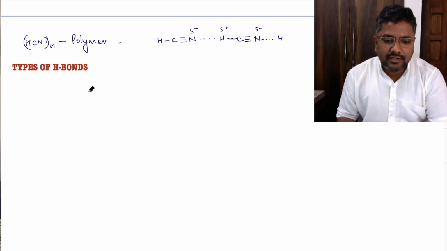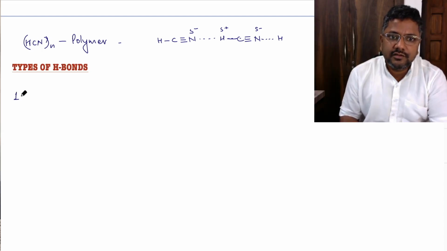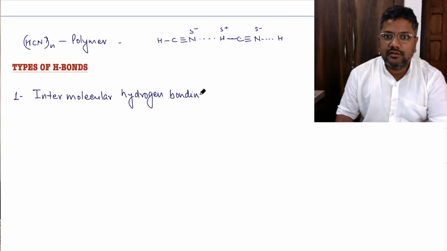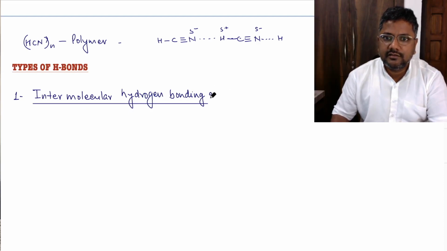One is called intermolecular hydrogen bonding, or we can say association.